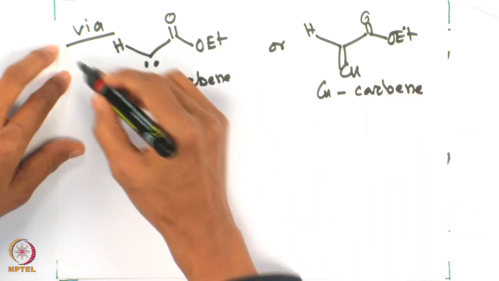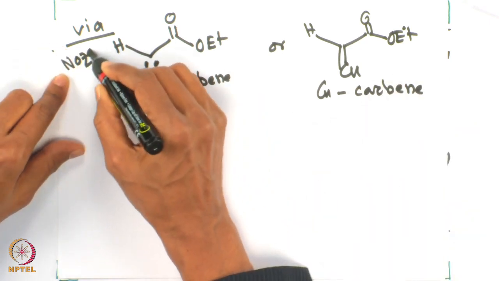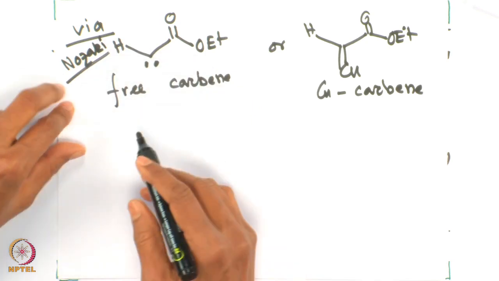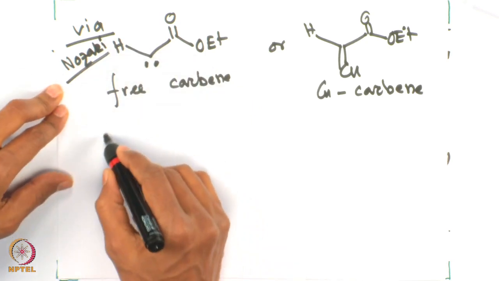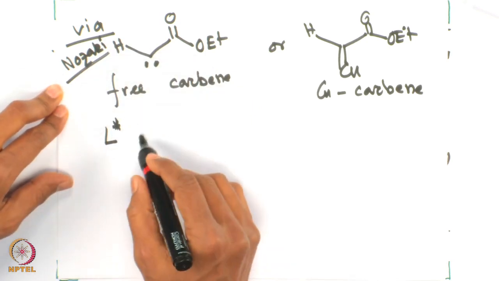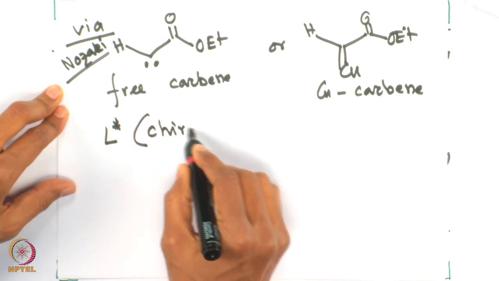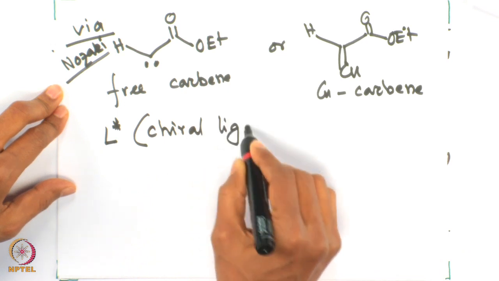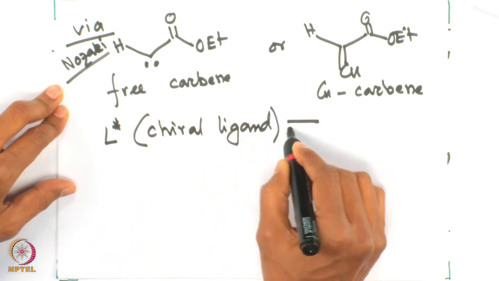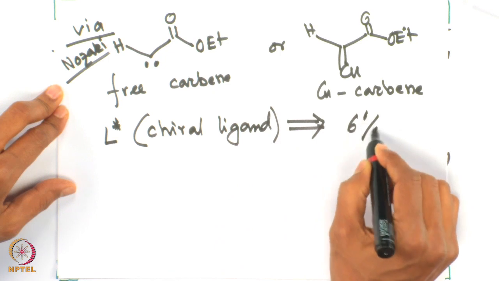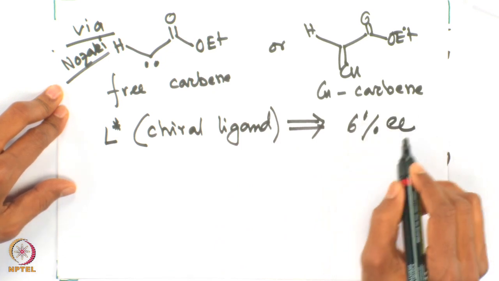This is done by Nozaki, by the way. Now, a chiral ligand, L star, is used. What was observed is a very modest 6% EE.